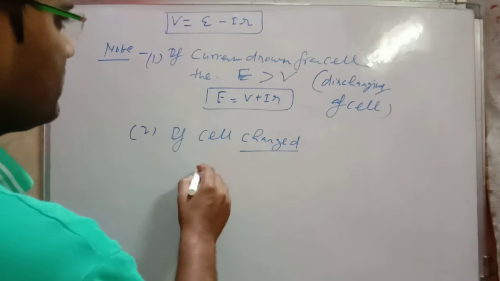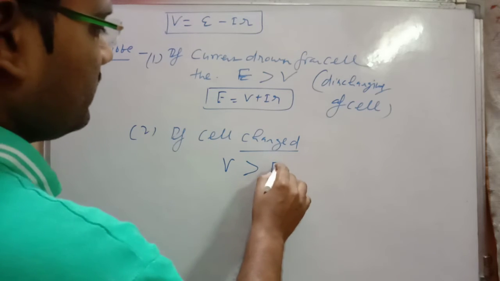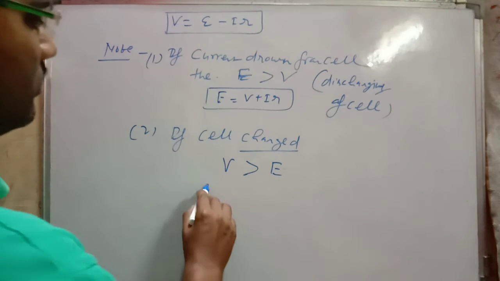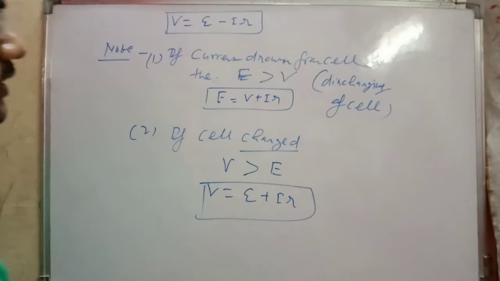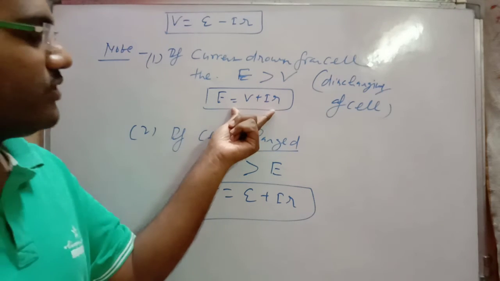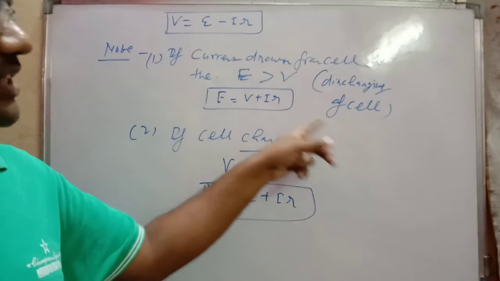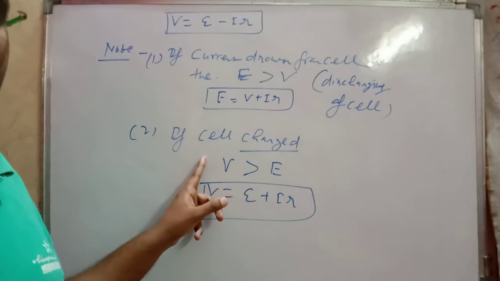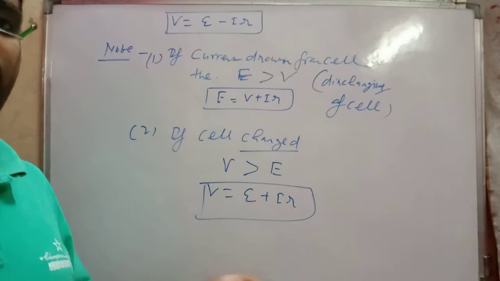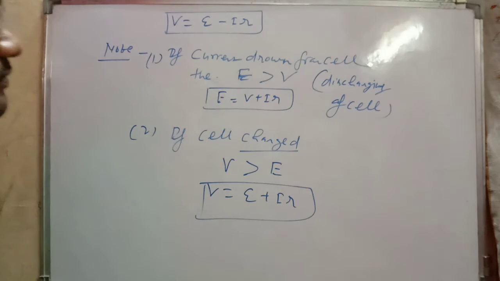So in this case, V is greater than E. So now here V is equal to E plus Ir. So this expression is used when cell is discharged, and this expression is used when cell is charged. That means current is drawn from circuit to cell.